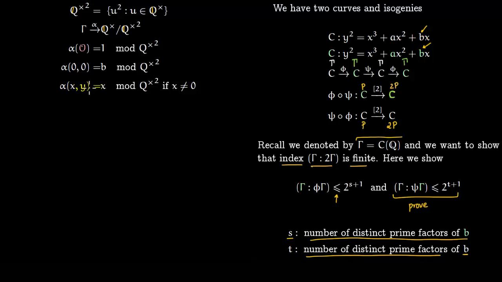And this alpha of (x, y), because this is nothing but the group of rational points on the curve, every point will have 2 coordinates, x and y. So this just gets mapped to x modulo, and obviously everywhere you have modulo this thing because you are going to this group, and this group is just modulo squares of non-zero rationals. So all these are squares of non-zero rationals.